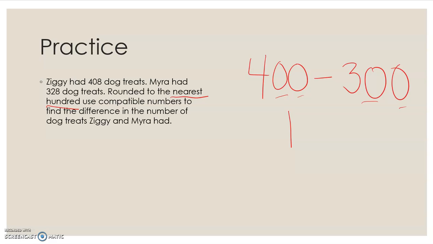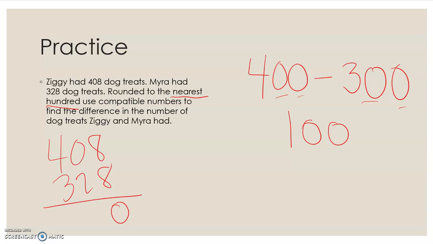So that means 400 minus 300 is going to be 100. If we were to subtract 328 from 408, we would get 80. So 80 is pretty close to 100. So remember, with compatible numbers, we're estimating. We're not going to get an exact number, so we end up with 100.